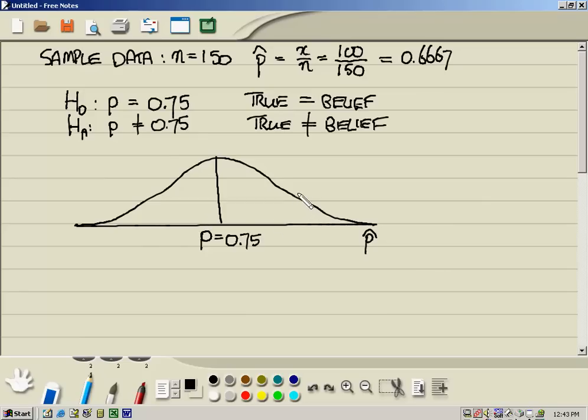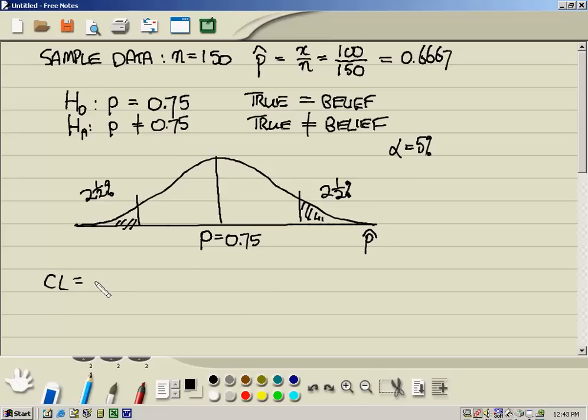Just like the previous problem, we have an alpha of 5%. Alpha is the total area in the tails. We have 2 tails again, so we have 2.5% in each tail.